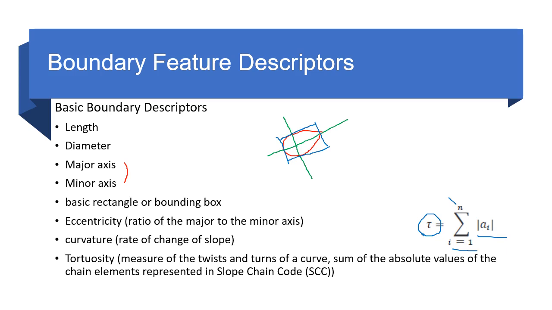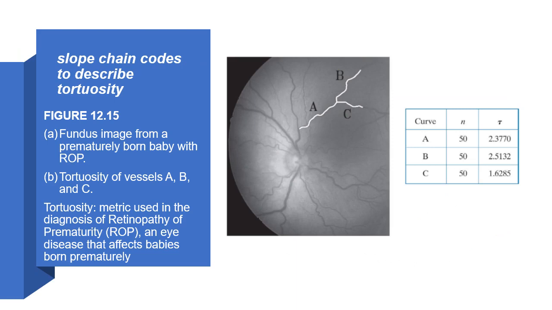If we have a slope chain code like the curve we have seen before, then we could measure the tortuosity of that S-like slope using this formula. There is an example of where tortuosity is used: for example, to describe the blood vessels in an eye of a prematurely born baby, like in this picture.